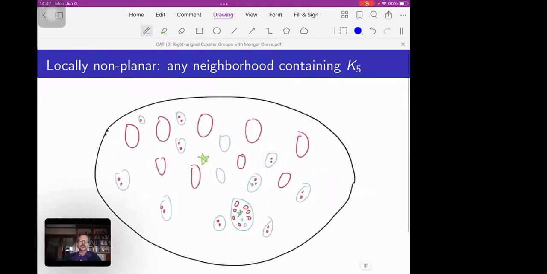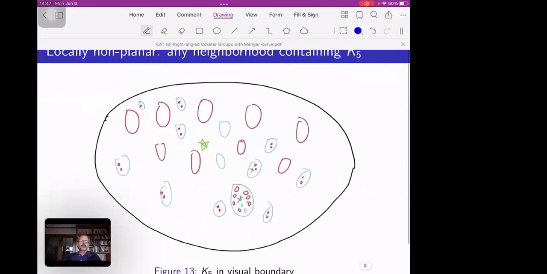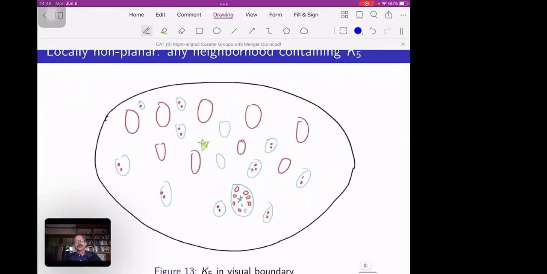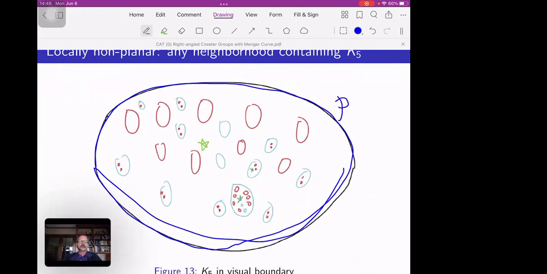So in the visual boundary, you can see this is in the Davis complex, and this is a picture in the visual boundary. So roughly, this is a Pontryagin surface, and we remove a lot of balls, the red Pontryagin balls, and the blue balls contain a lot of red Pontryagin balls.